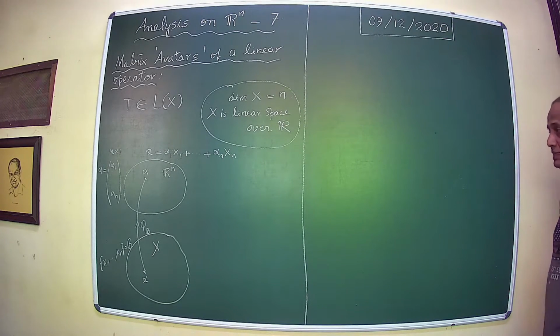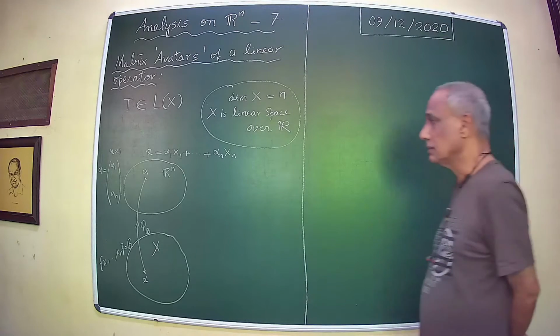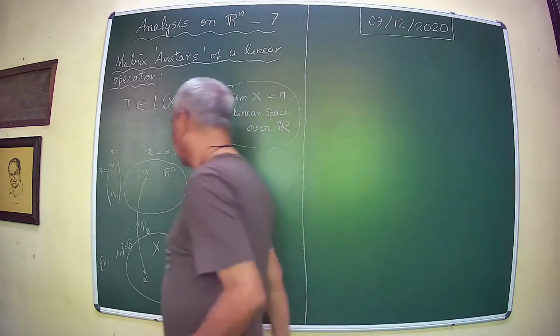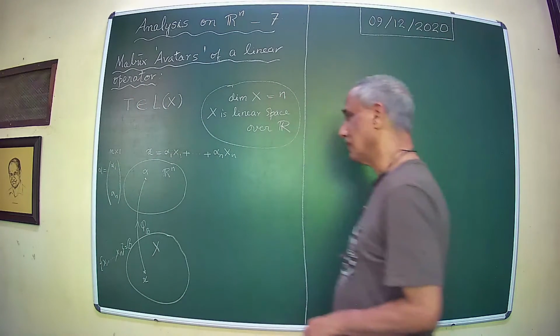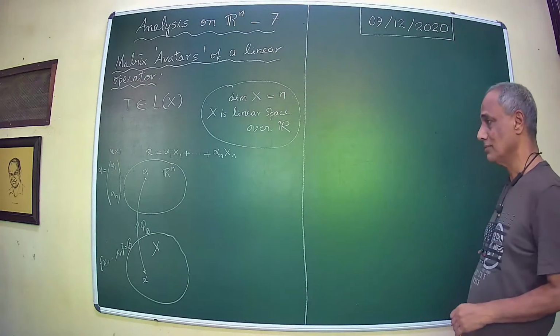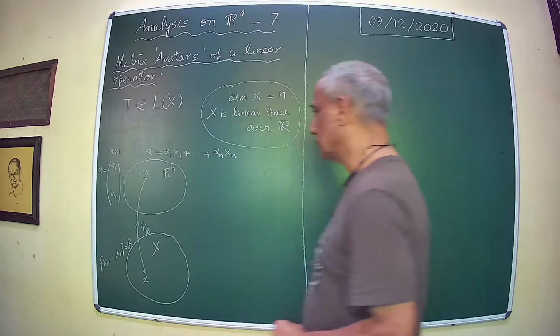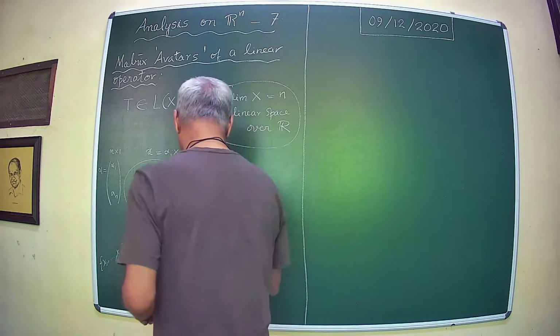If I change the ordered basis, then I get another representation, because these coefficients are going to differ. That's the reason. Okay, right. Now this is what we have already.